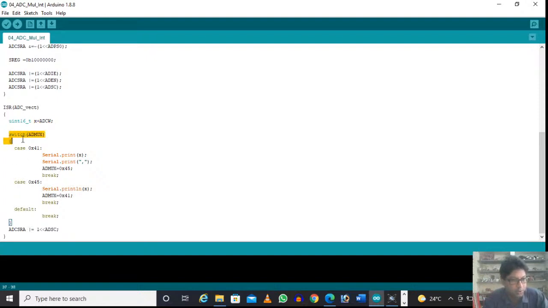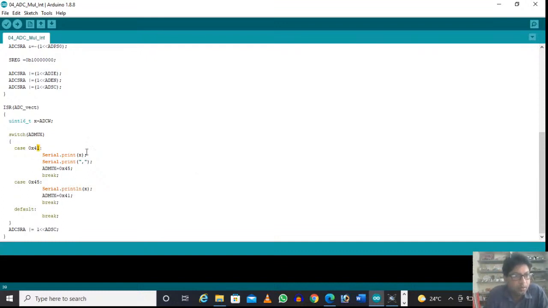You all know switch case, because you know C, and you are doing Python, Java, all these things, so you very well know what switch case is. In ADMUX, the first 4 LSBs are set 0, 1, 0, 0. Why is it so? Because those are the reference bits for the analog reference voltage selection that I already discussed yesterday.